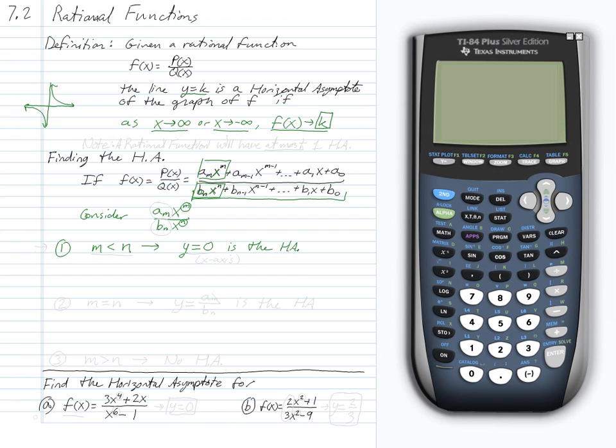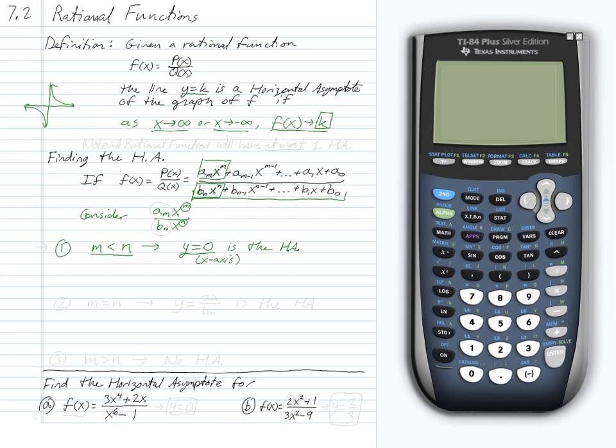Okay, so very little work involved there. If this is the case, we compare our degrees, then the x-axis will be the horizontal asymptote just as it was for 1 over x.